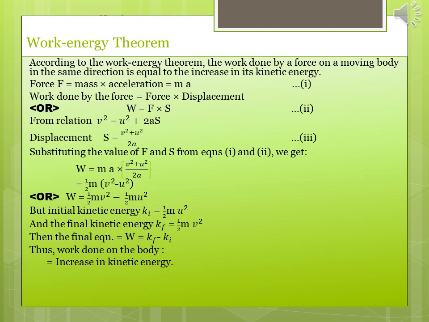So the expression comes out to be W = Kf − Ki, where Kf stands for final kinetic energy and Ki stands for initial kinetic energy. So I can say that work done on the body is actually the increase in the kinetic energy.